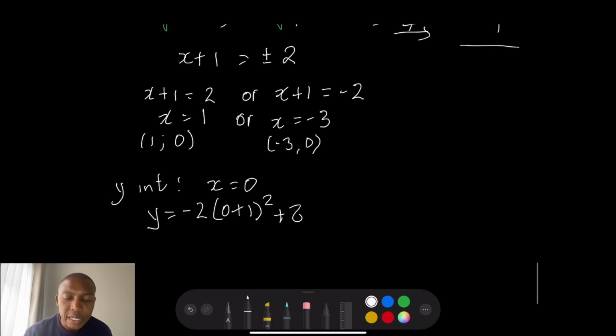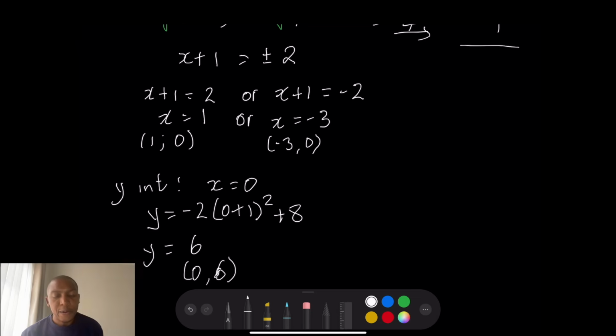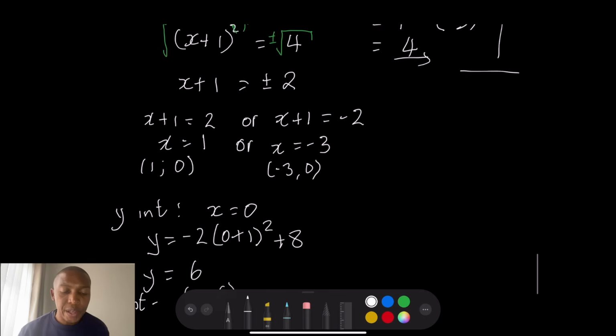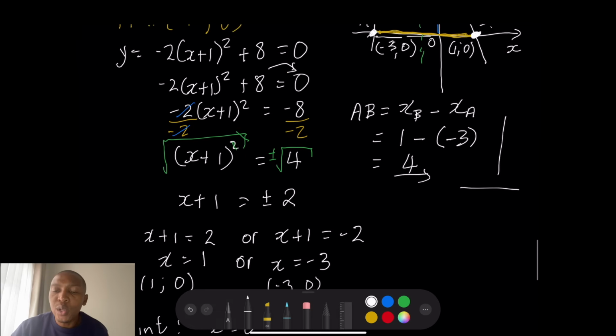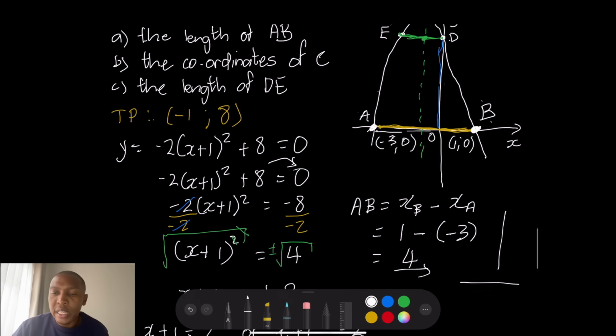So if I take that, 0 plus 1 is 1, 1 squared is 1 still, times negative 2, that would be negative 2. So negative 2 plus 8 will give me 6. So it means that our y-intercept will be at the point 0 and positive 6. This I'm just doing for the sake of remembering how to find the y-intercept. But we're not going to really need it to answer this question.